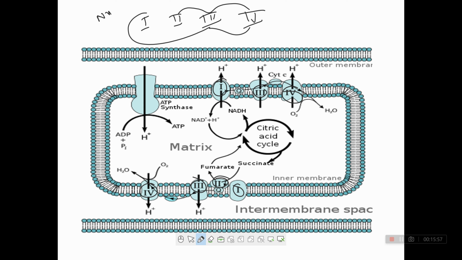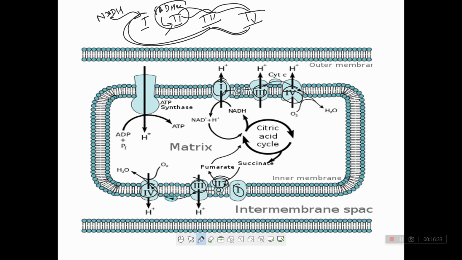Because NADH goes via the first complex and FADH2 goes via the second complex. So for NADH the complexes are 1, 3 and 4, and for FADH2 the complexes are 2, 3 and 4. Clear?